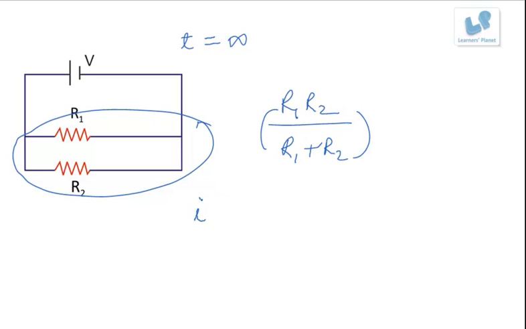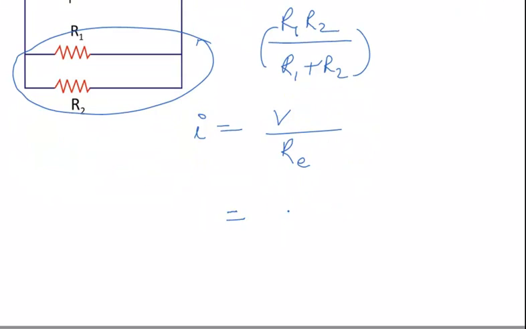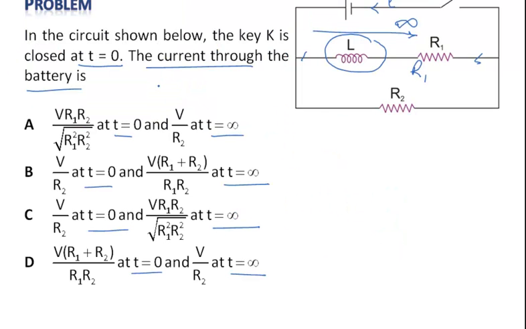So the current I that will flow through the battery will be equal to V upon R effective, which is equal to V (R1 plus R2) upon R1 R2. So if you look at the four options, option B is correct.